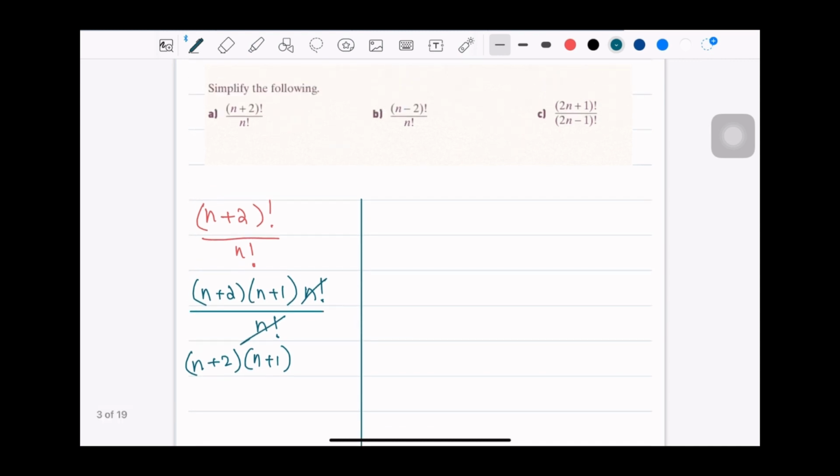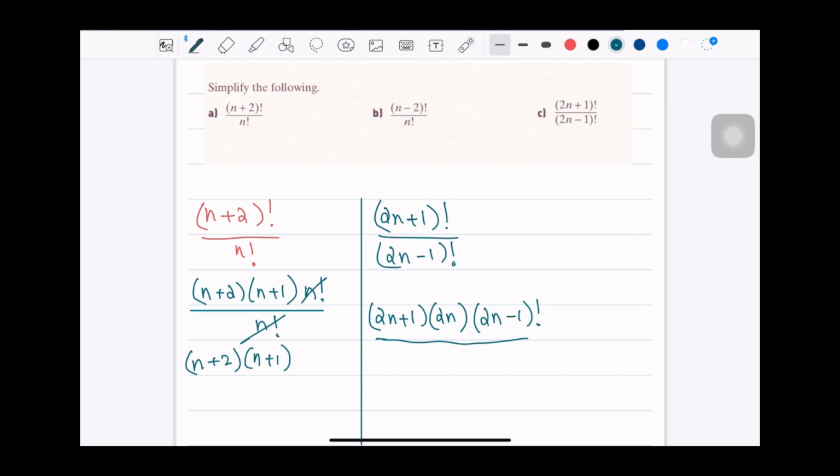Similarly, if I have a question like 2n plus 1 factorial over 2n minus 1 factorial, what I could do here is 2n plus 1 times, with 1 subtracted from 2n plus 1, it will be 2n times 2n minus 1 factorial.